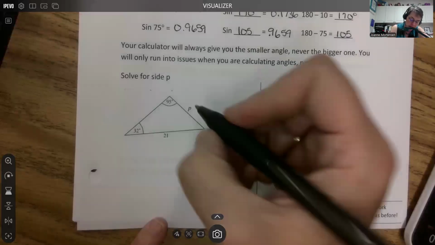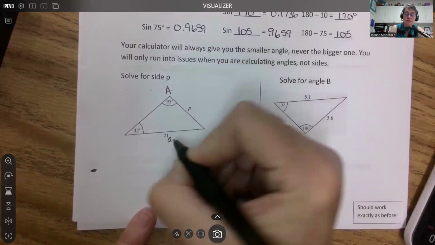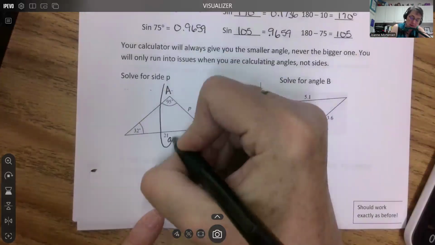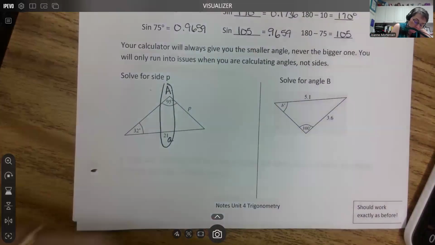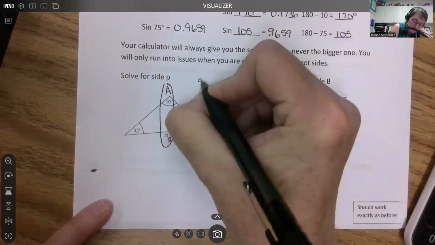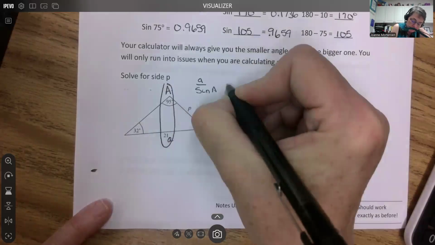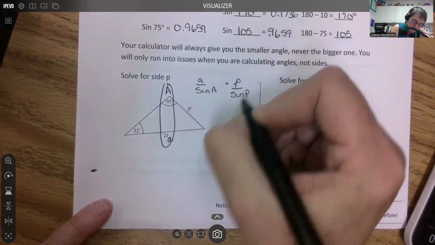I want side P. I'll make this A. The letters you choose don't make any difference. All I need is that one side where I've got the angle and the opposite side. So a over sine A is equal to little p over sine P. So it's this one.